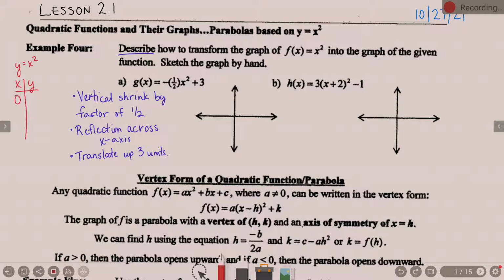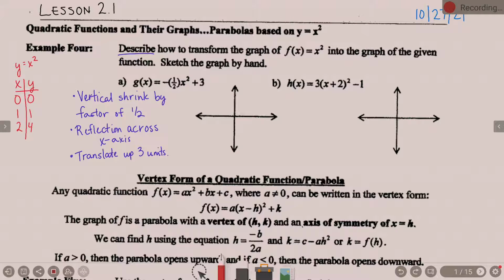And if you don't, pick x values of 0, 1, 2 and fill them in. What are the values associated with y equals x squared? 0, 0, 1, 1, and 2, 4. That's your basic parabola there, right? Now we're doing all these other things to it, but that's your basic parabola.